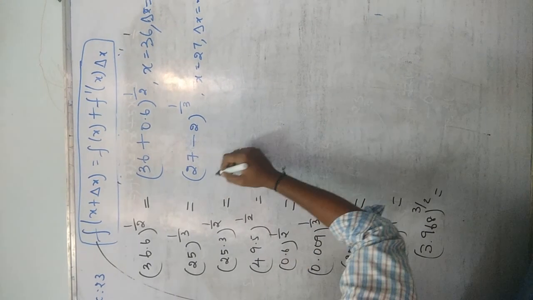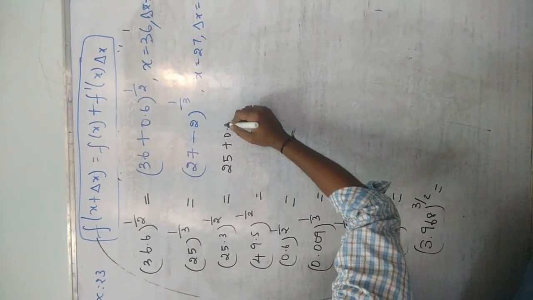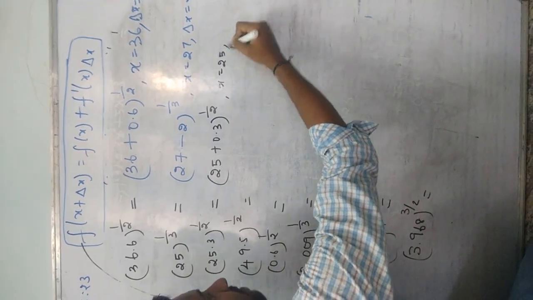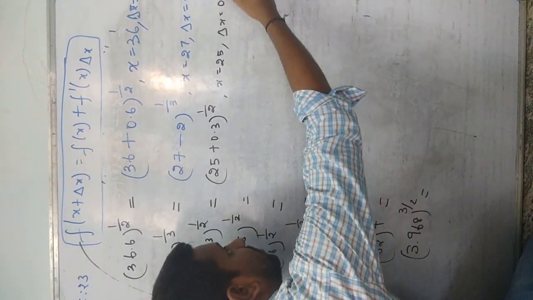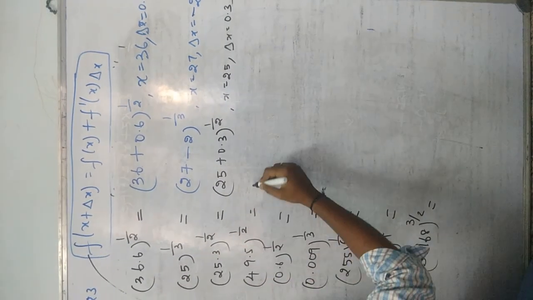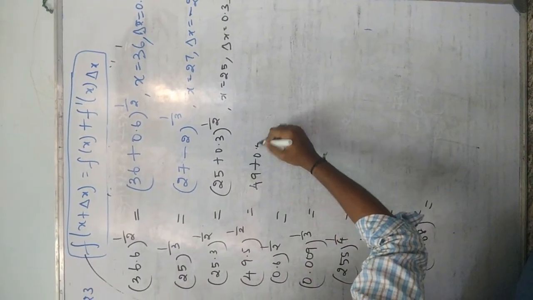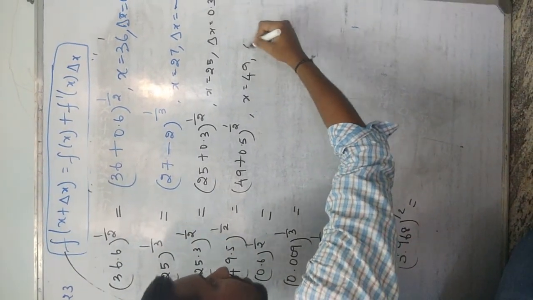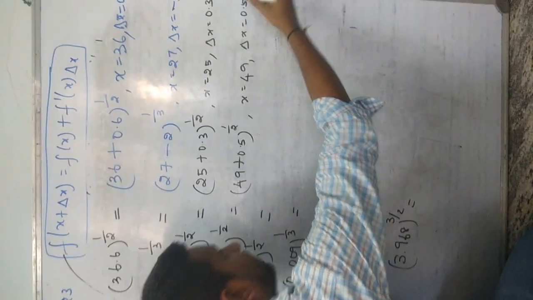Next, 25.3 power 1 by 2: 25 has a square root, 0.3 does not, not needed. So x equal to 25, delta x equal to 0.3. For 49.5, 49 has a square root, not 0.5. So x value is 49, delta x equal to 0.5.